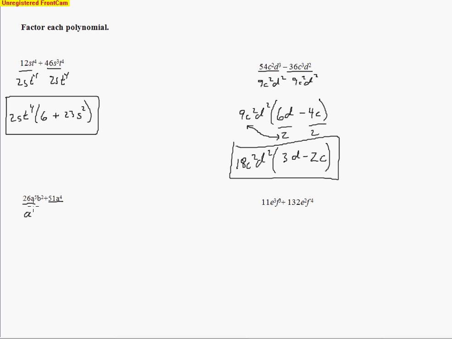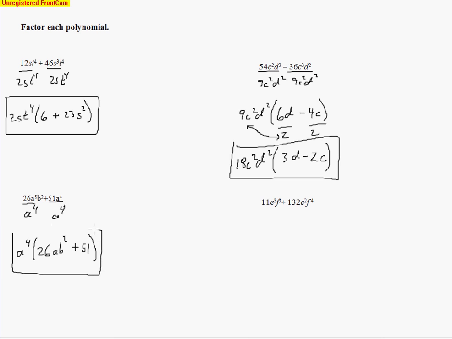So I see a to the 4th and an a to the 4th over here as well. And so I'll go ahead and pull out that a to the 4th, put that on the outside of a parenthesis, and do the division. So I still have the 26, and I also have an a and a b squared left over. And then over here I have plus 51, and that was it. That's as far as I could go.